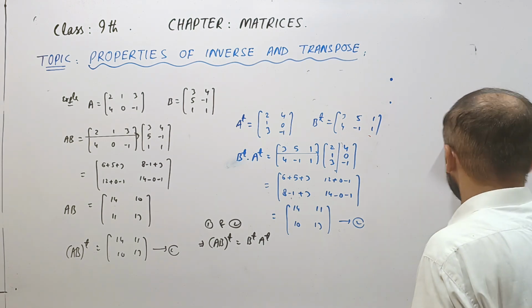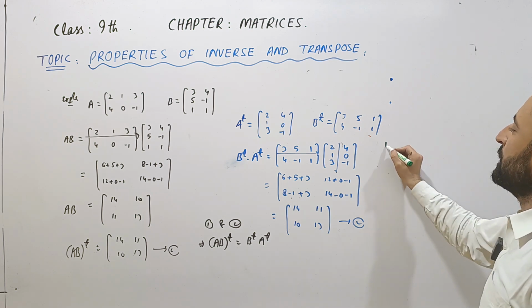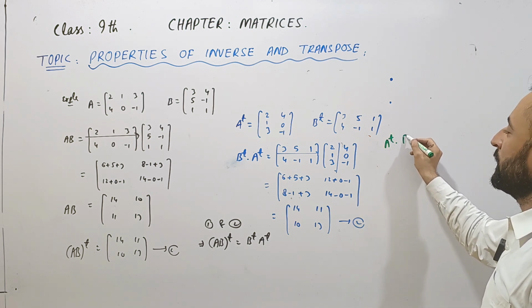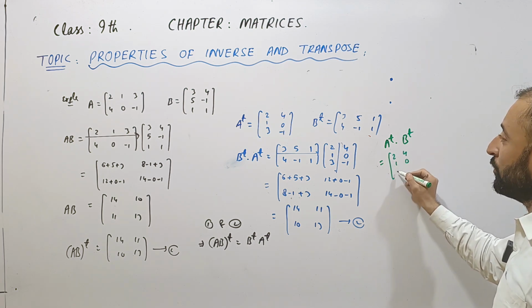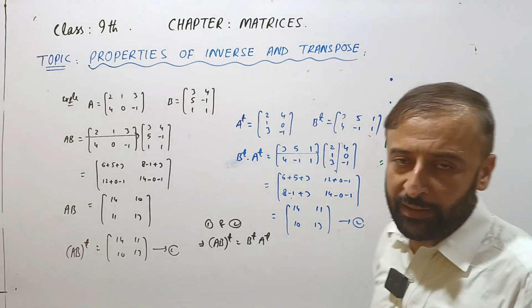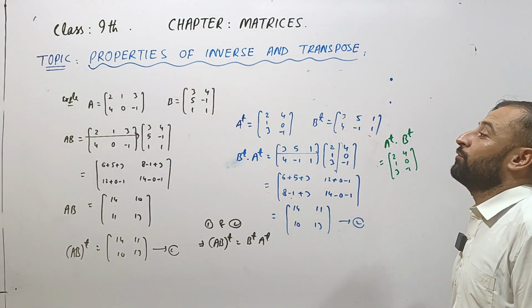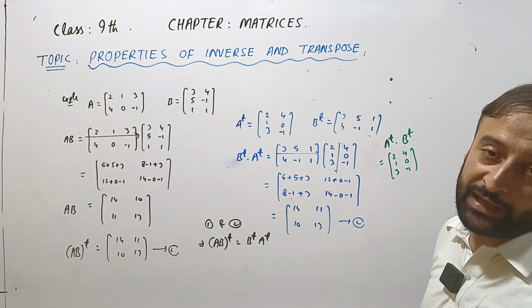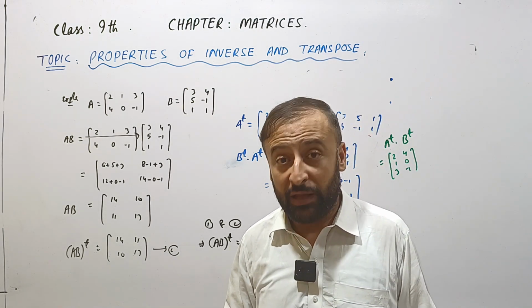I can remove this. For example, A transpose and B transpose will give you a different result. A transpose here is 2, 4, 1, 0, 3, minus 1. Now you can't say why it is so, as I mentioned a little earlier. It is a property. Like we say when an electron is at rest, it doesn't produce any magnetic effect.